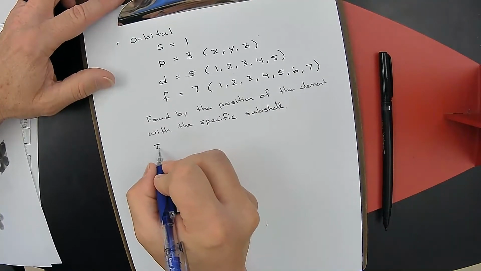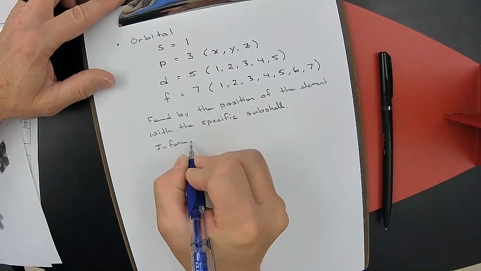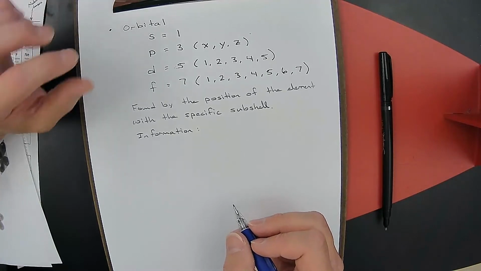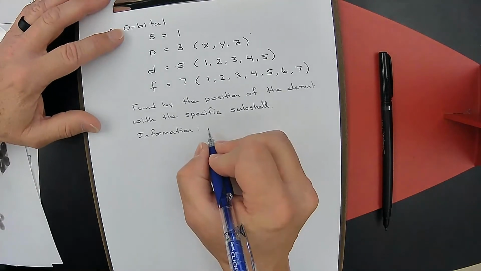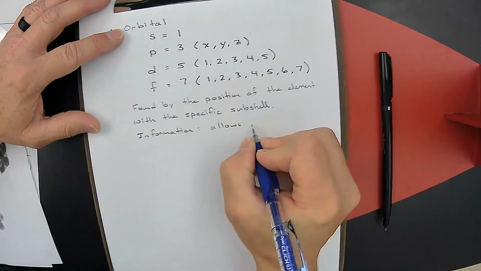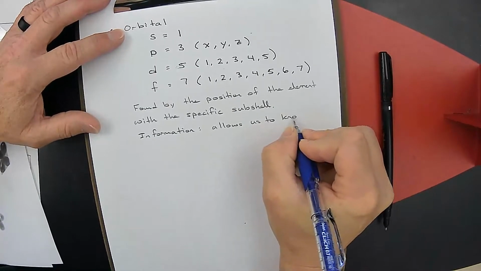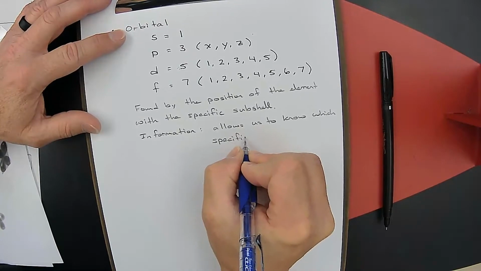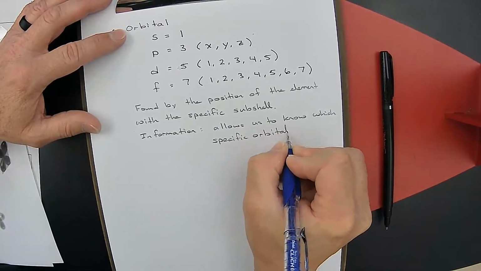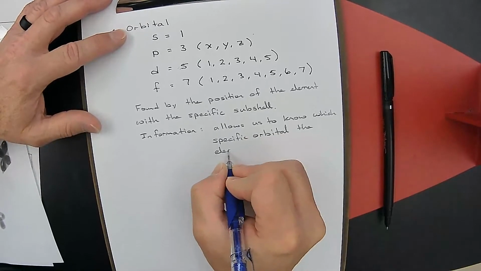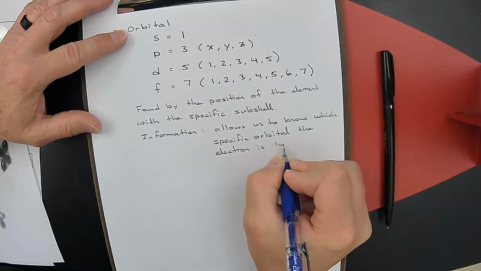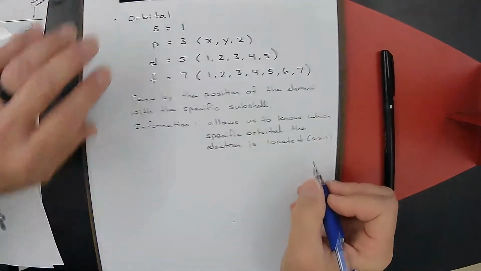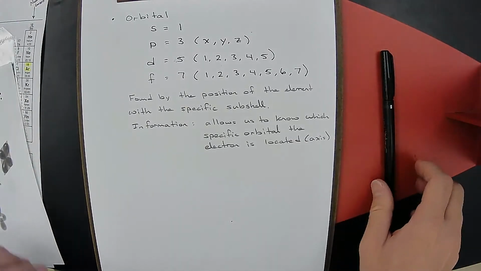And the information that it gives us is it allows us to know which specific orbital the electron is located in, and in many cases, which axis the electron is located.